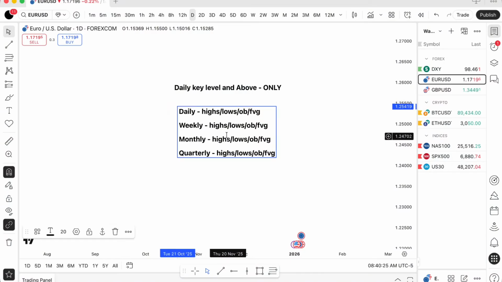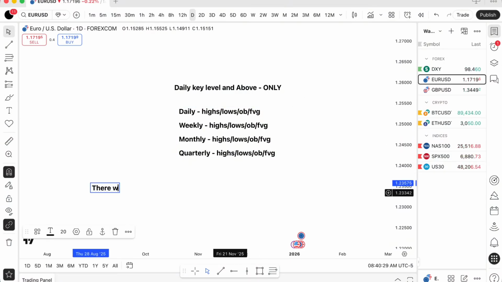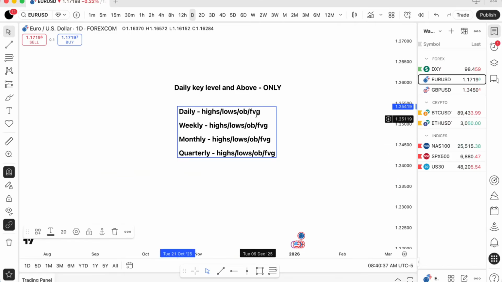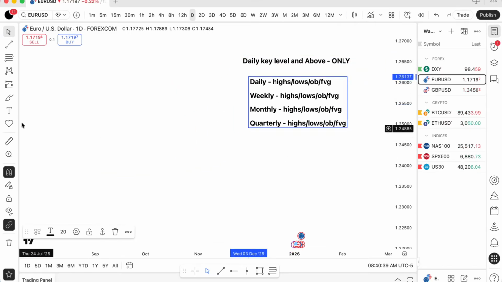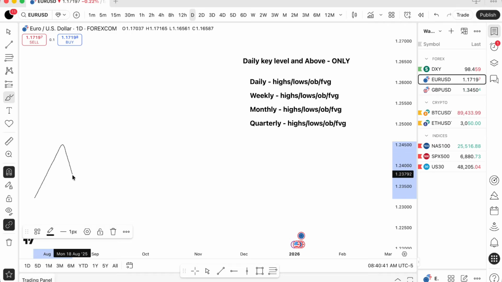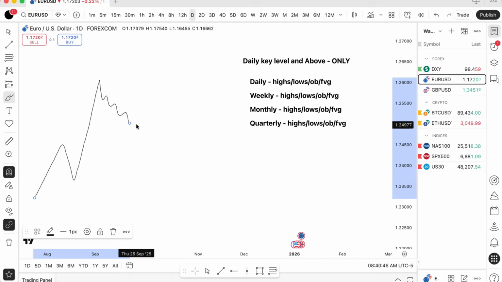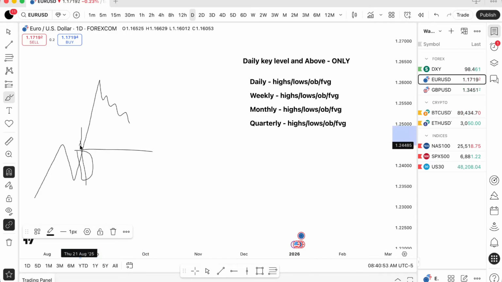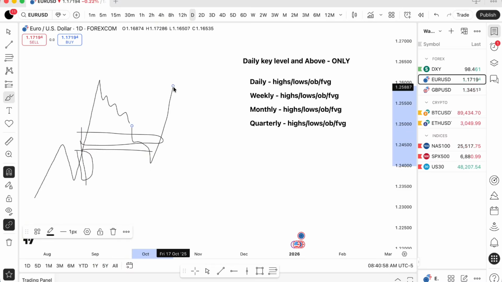And the important thing about using only these key levels is that there will be fewer PD arrays to choose from. On the daily time frame, let's say you have this move up and now you're retracing. On the daily time frame, you might have only one thick candle, which will be your order block, and a daily fair value gap aligns with it, which makes the order block higher probability.